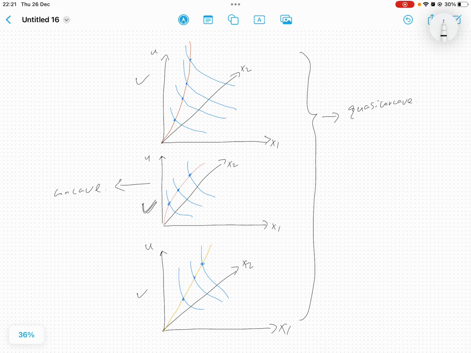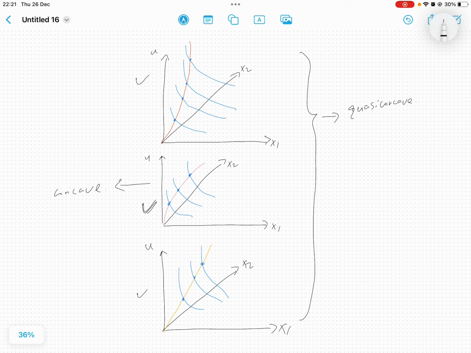It doesn't affect the fact that the upper contour set is convex. Those blue curves are just indifference curves, and the upper contour sets of those blue curves are all convex, as we can see here.